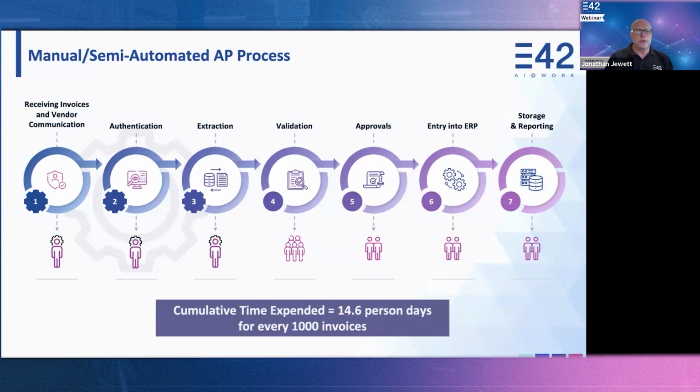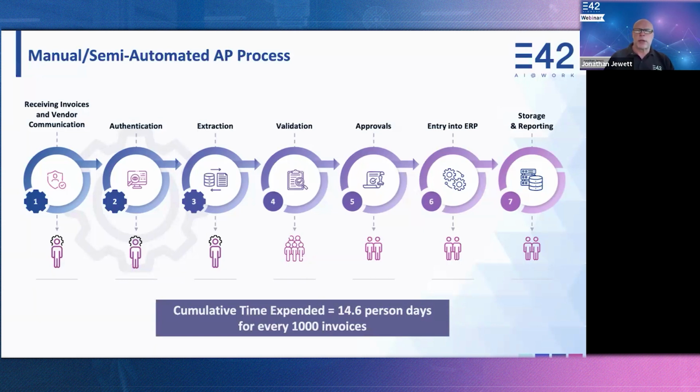On the authentication side, how are they determining if an invoice is a duplicate, whether or not the vendor actually exists, or if maybe a fraudulent entry was made? All that needs to be done, oftentimes by referencing multiple systems to check on those parameters. And again, it takes time and effort.